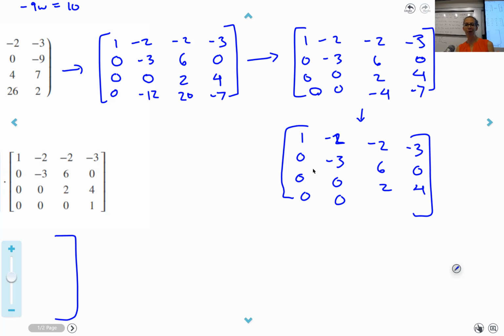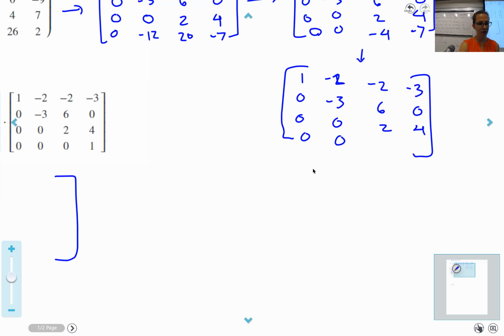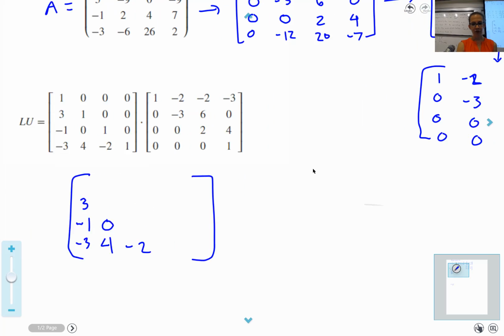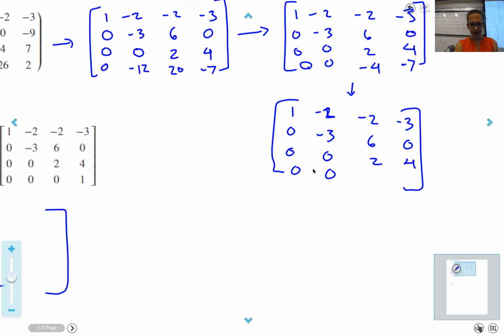So really we just need to multiply the third row by 2, or I guess negative 2, and subtract. So let's put a negative 2 in here. Keep track of that. And then this becomes 0. Now I've got negative 7 plus 8 is 1. And so we're done with our Gaussian elimination.